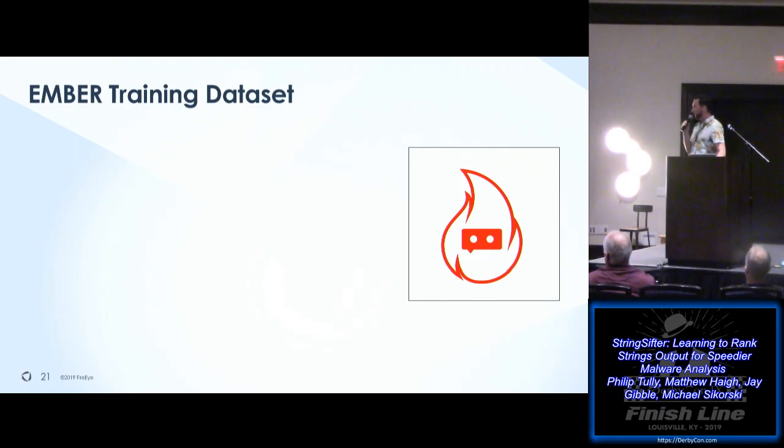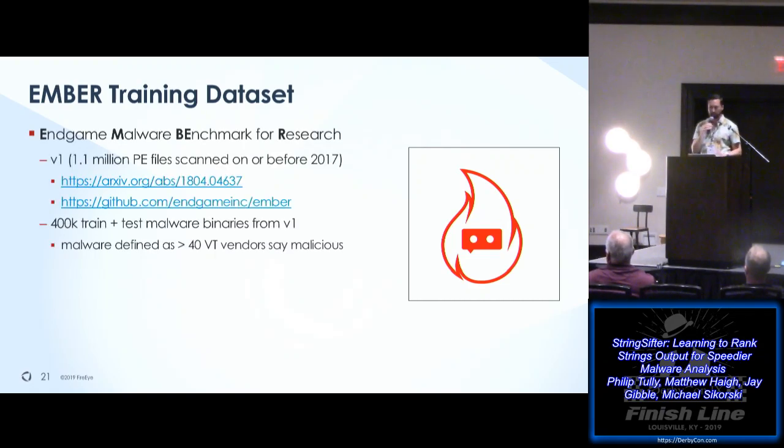What training data are we using? We're relying on an open benchmark dataset that was released by Endgame called Ember. This dataset consists of 1.1 million PE files. 400,000 of them are malicious, and they split it up into testing and training, but we just take all the malicious ones, which they have an easy criteria for judging malware: any file that has more than 40 VirusTotal vendors calling it malware, right?